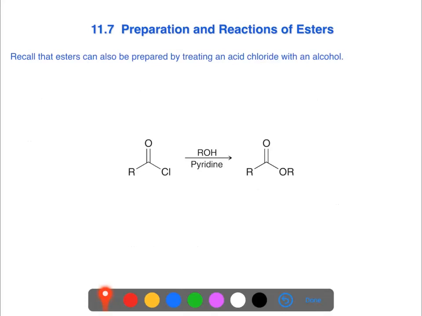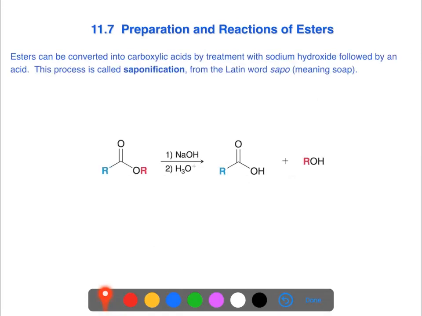Now, as we saw previously, recall that if we start with an acid chloride and react it with an alcohol in the presence of pyridine, we can also produce the corresponding ester. Now let's look at some reactions of esters.